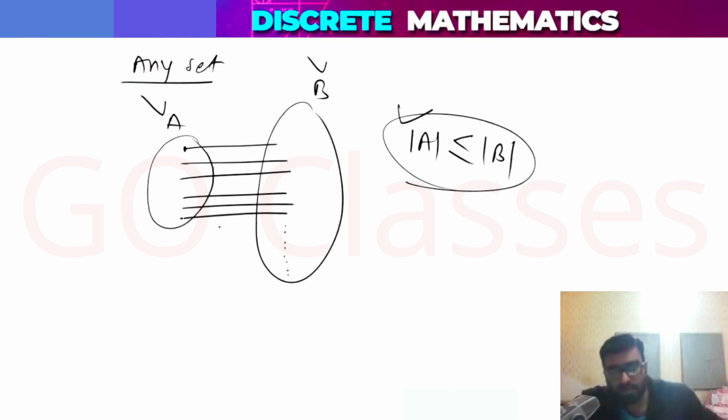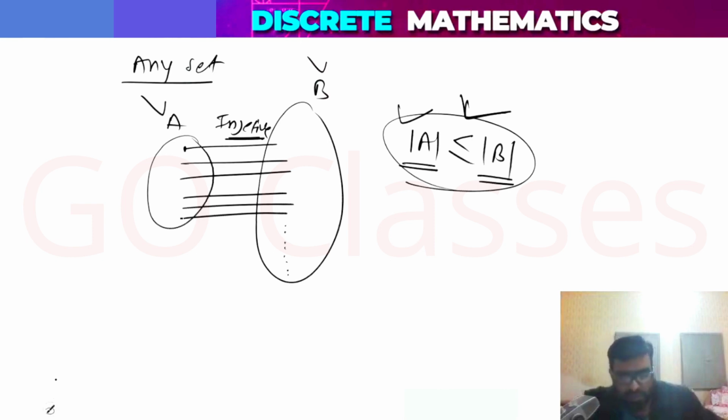The theorem has been proven, but the proof is of course beyond GATE level. Maybe if you research in this area, then you can go through the proof. But this is a very intuitive result. If there exists an injective function from set A to set B, any sets, then cardinality of set A is less than or equal to cardinality of set B.